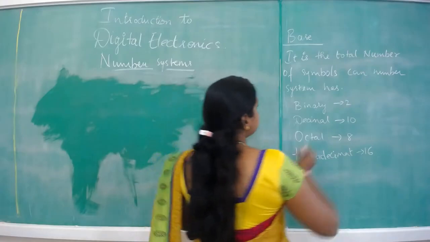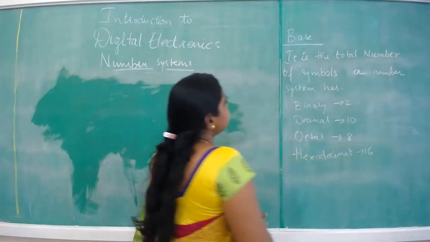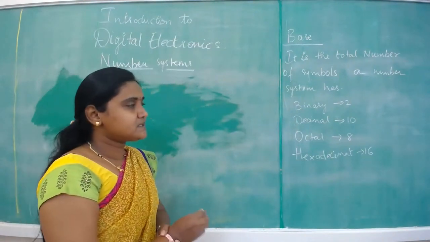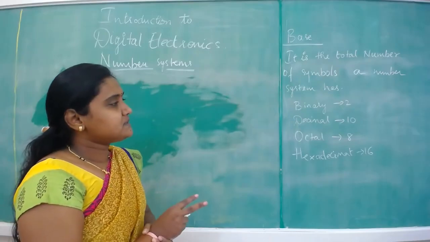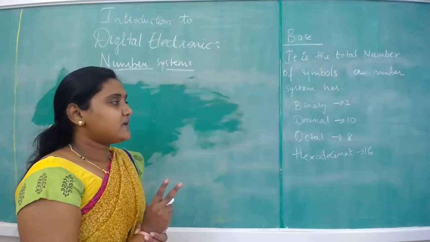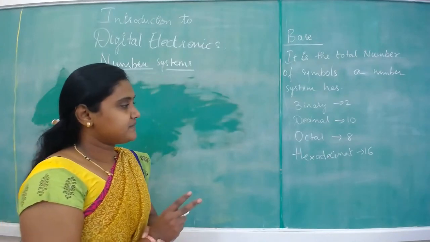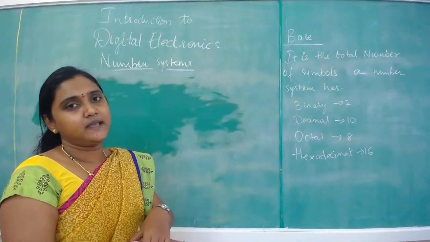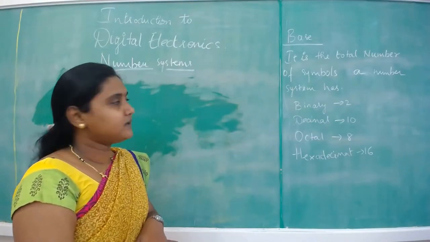It is the total number of symbols a number system has. So the binary number system is having 2 symbols, right? That is 0 and 1. The decimal number system is having 10 symbols, 0 to 9. Octal is having 8 symbols, that is 0 to 7. Hexa is having 0 to 9 plus A, B, C, D, E, F, total 16. So this is the base of a number system.